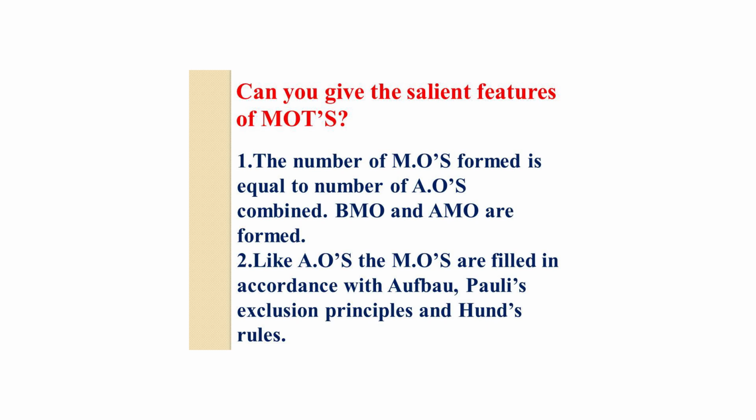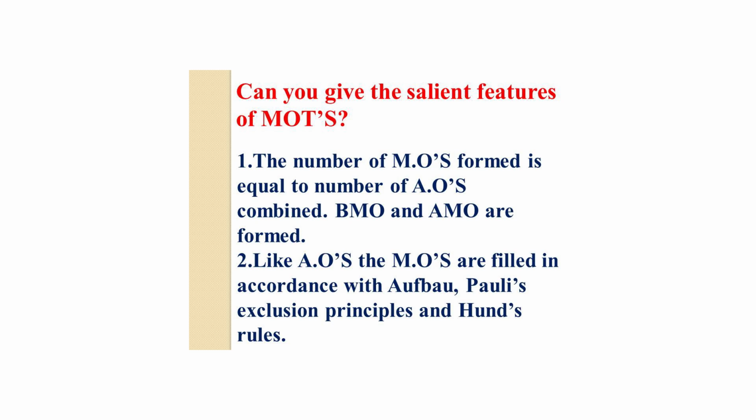The first salient feature is the number of molecular orbitals formed is equal to the number of atomic orbitals combined. That is BMO, bonding molecular orbital, formed by addition of atomic orbitals, and AMO, antibonding molecular orbital, formed by subtraction of orbitals.